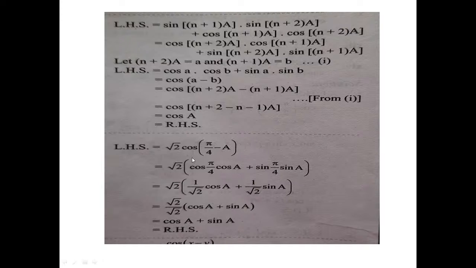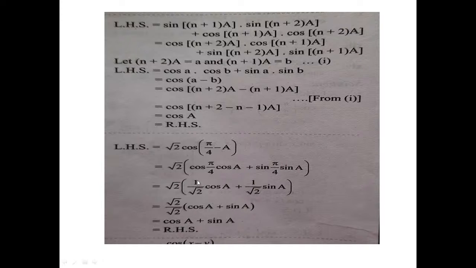See the next example. LHS is root 2 cos (pi by 4 minus a), which is equal to root 2 cos of pi by 4 minus a, that is cos a minus b. Okay, so what is the formula for cos a minus b? Cos a minus b is equal to cos a cos b plus sin a sin b.